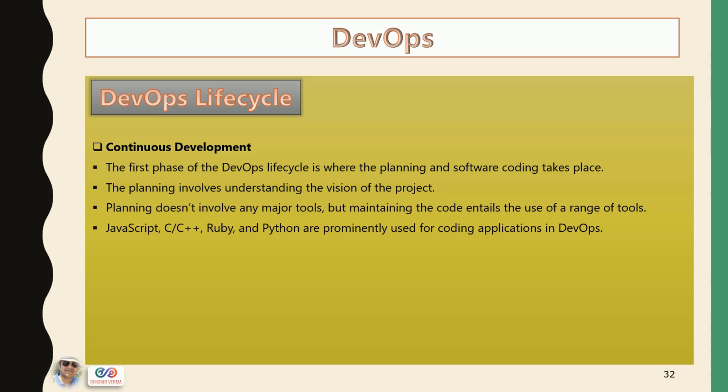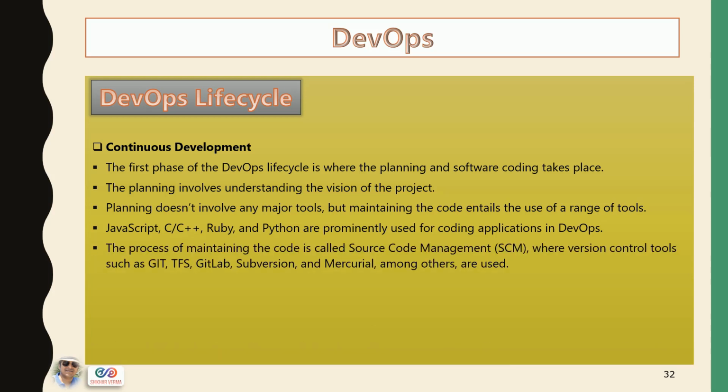So here the developers are responsible for starting the coding part. The process of maintaining the code is called source code management, SCM, where version control tools such as Git, TFS, GitLab, Subversion can be used to maintain or provide the centralized location where the developers can push their code.